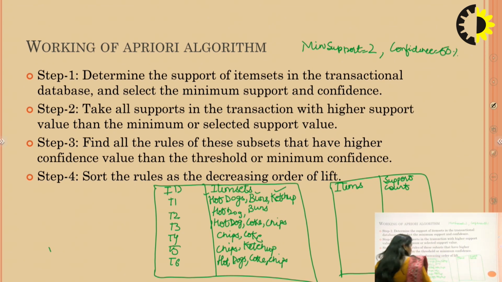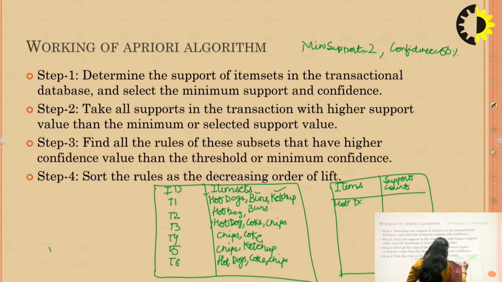Now what we have to do is count how many times a particular item exists in the database. First is the hot dog. I'll write here hot dog, bun, ketchup, Coke and chips.